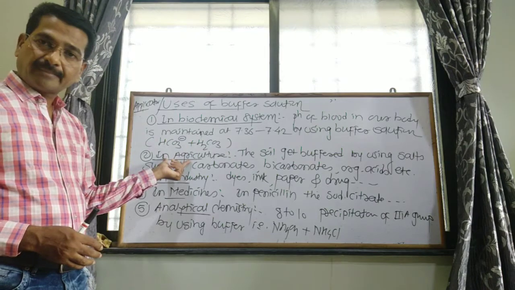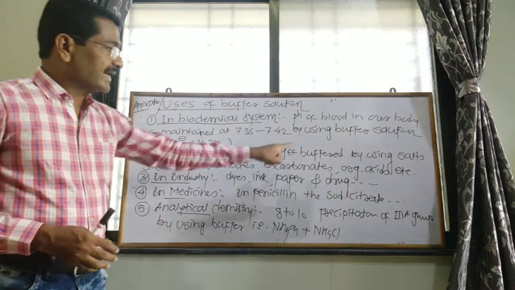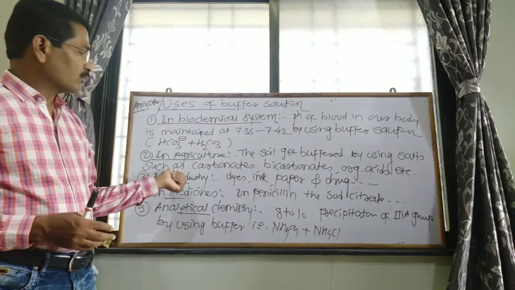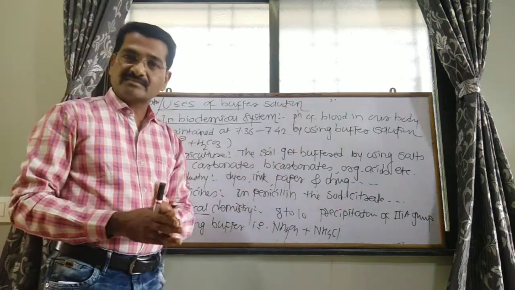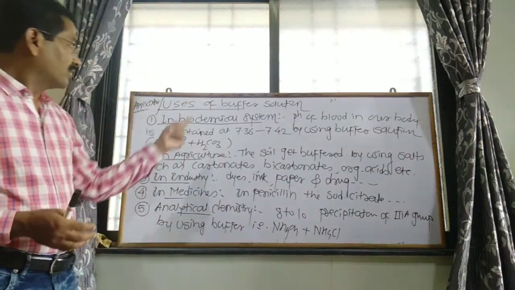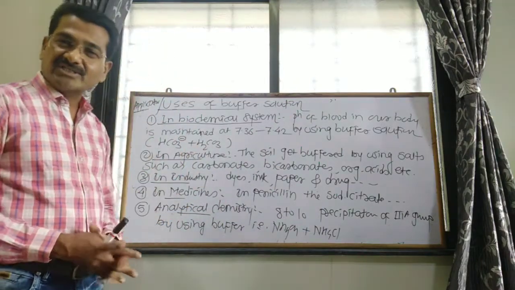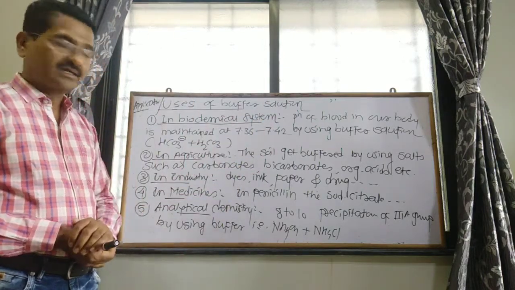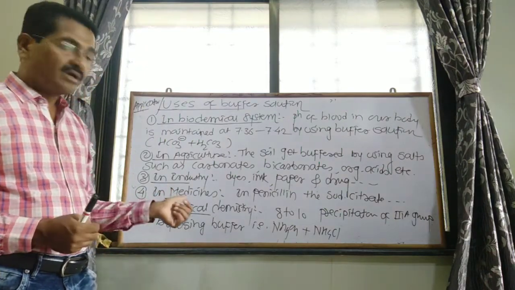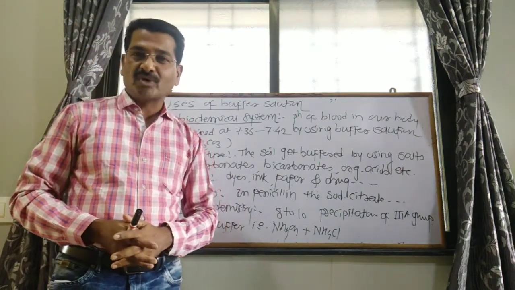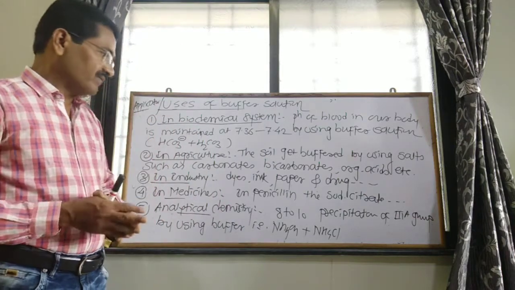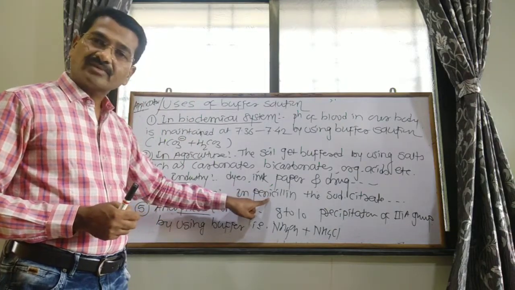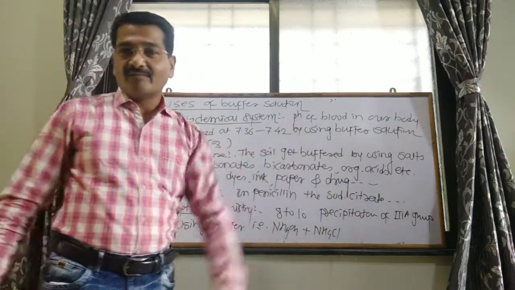Then in agriculture, the soil gets buffered by carbonates, bicarbonates and organic acids, which are the salts. Third, buffer solution is used in different industries, that is dyes, inks, paper industry and drug industries. Last, different medicines contain buffer solutions to maintain their pH value. Suppose penicillin is an antibiotic containing the sodium citrate buffer.